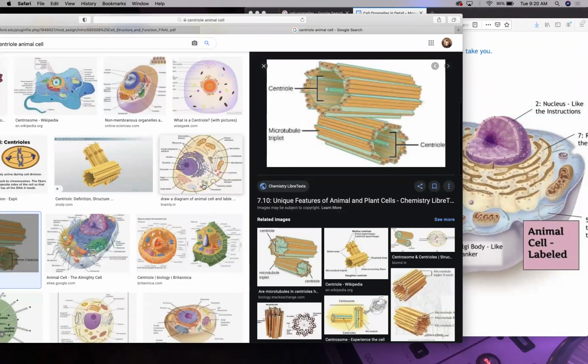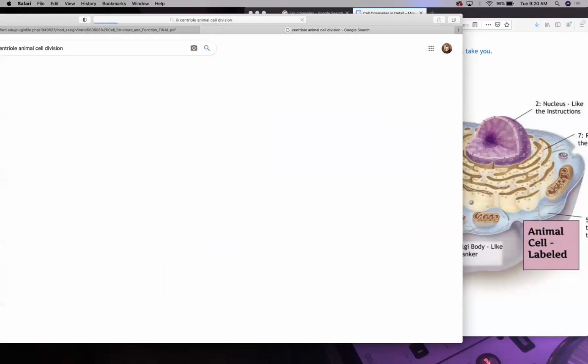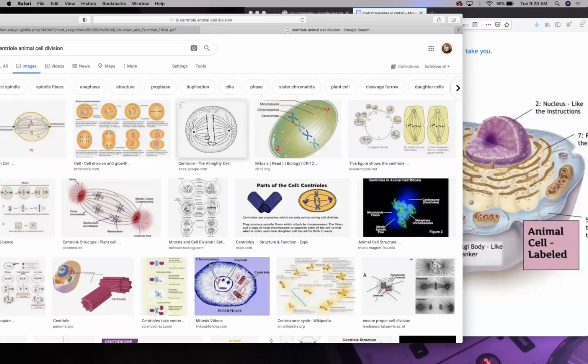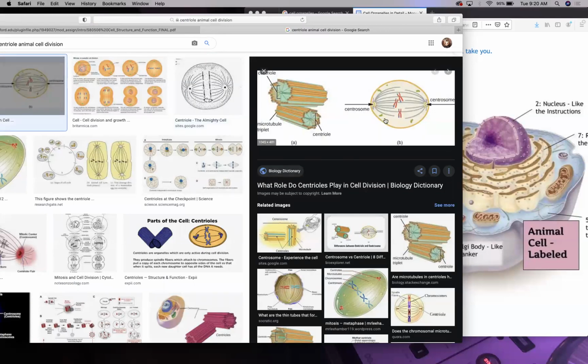But I want to find it in cell division. There you go. Here's better. See these are chromosomes. They're representative of genetic material, right? These centrioles, one moves to one end of the cell, the other one moves to the other end of the cell.